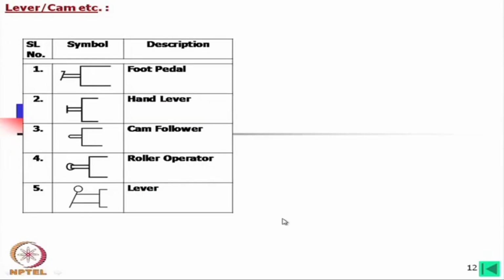Hand lever includes this type of lever also. But hand lever means a lever is there for operation. It might be simply shifting or with a fulcrum like that. Such details you have to mention perhaps by writing or showing the detailed design.